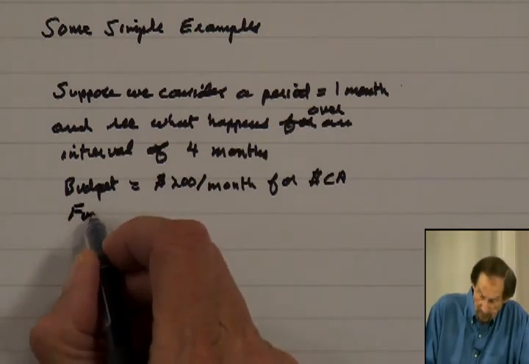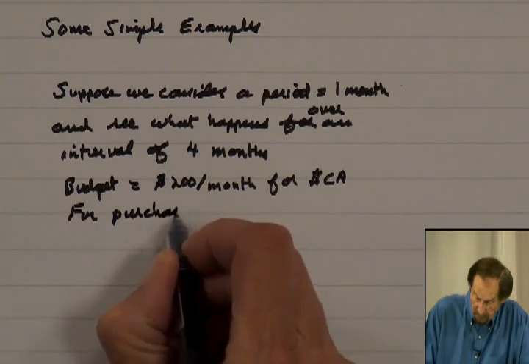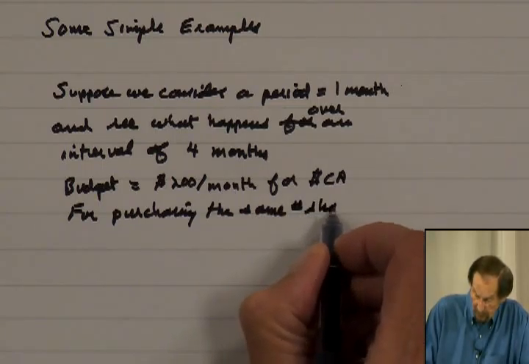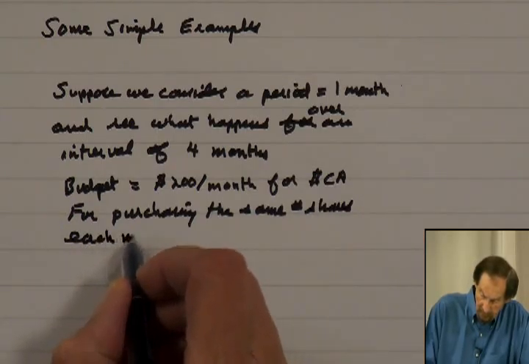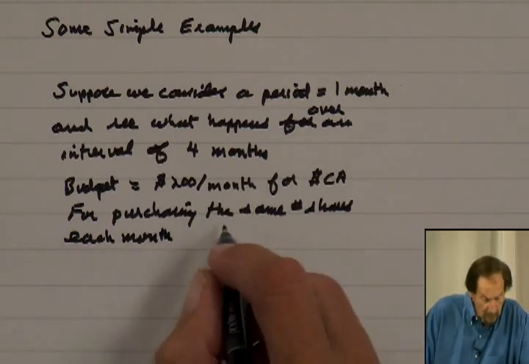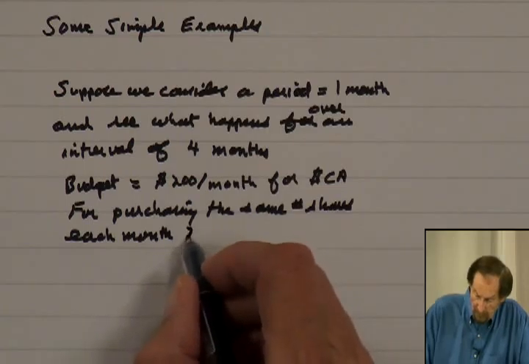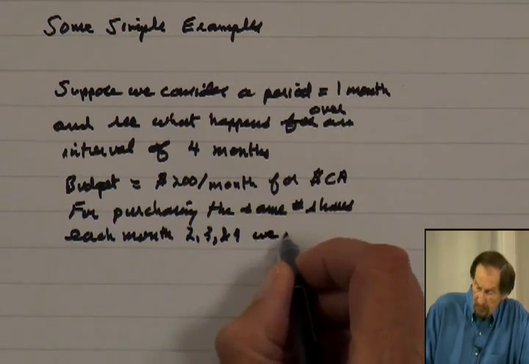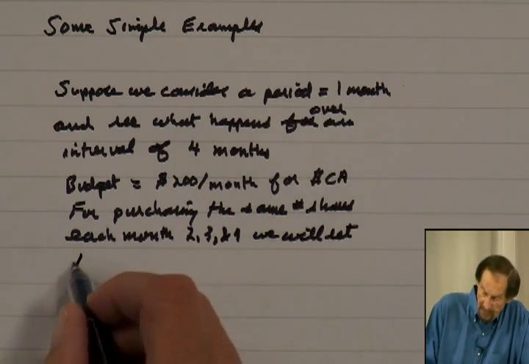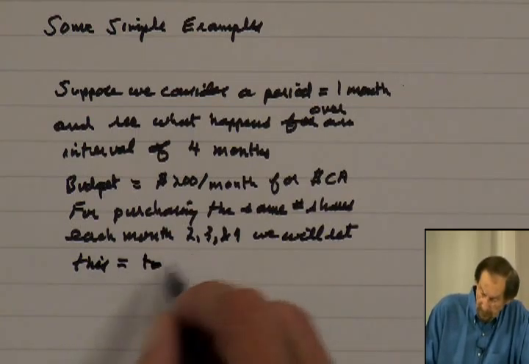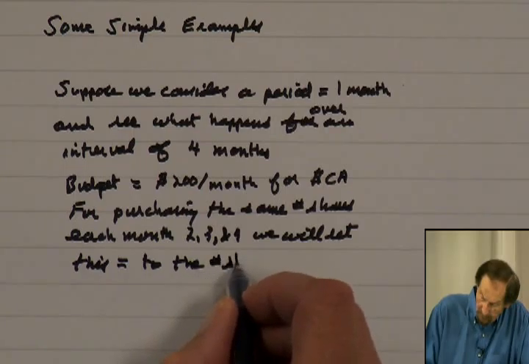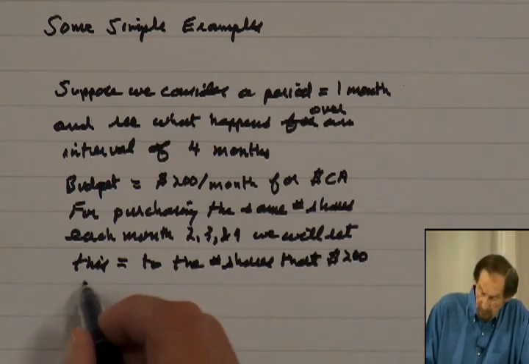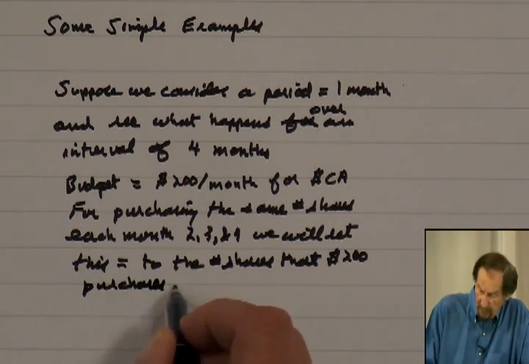Now for purchasing the same number of shares each month, 2, 3, and 4, we will set this equal to the number of shares that $200 purchases in month 1.